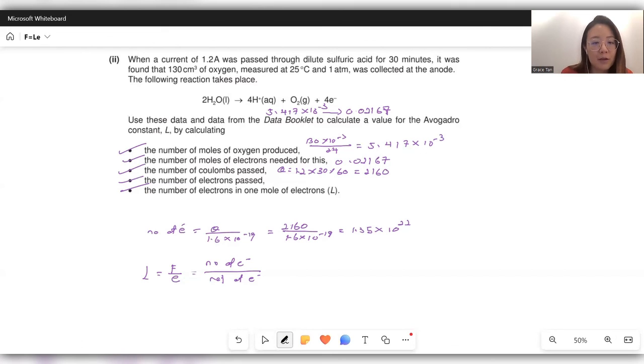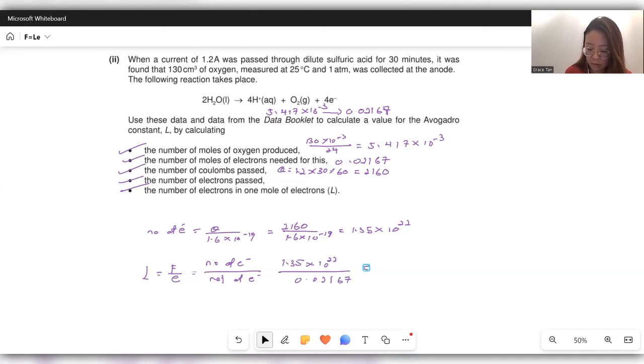Now you can take the number of electrons, which is the fourth bullet point, 1.35 times 10 to the power 22, divided by the moles of electrons, which is bullet point number 2, 0.02167. So this would be the Avogadro constant.